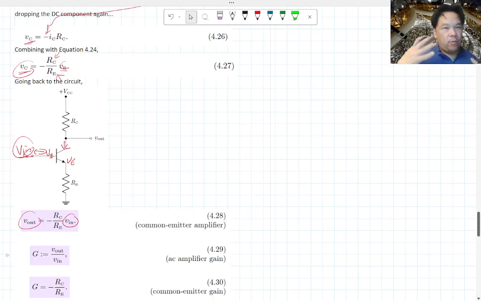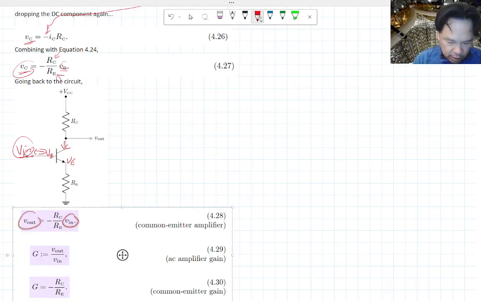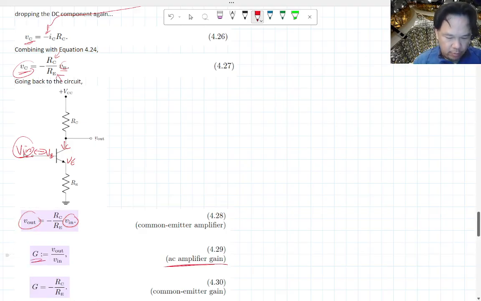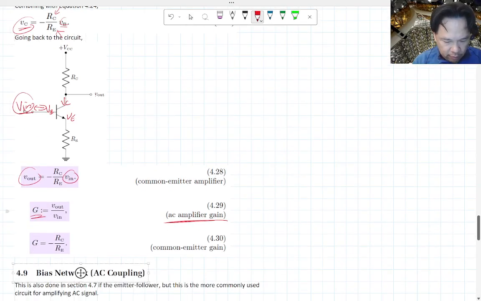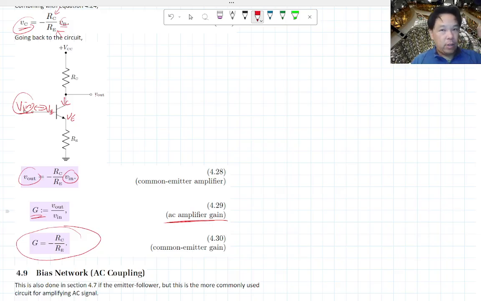When we're calculating an amplifier, the thing we care about is the ratio between V out and VIN, known as the gain with a big letter G. If we do this division, we find that the gain is negative RC over RE, and that's the gain of our common emitter circuit with a negative sign. So whatever signal you drive in there is going to get flipped upside down because of this negative sign. I'm not going to go through 4.9; I'll do that next lecture because I'm already over time.